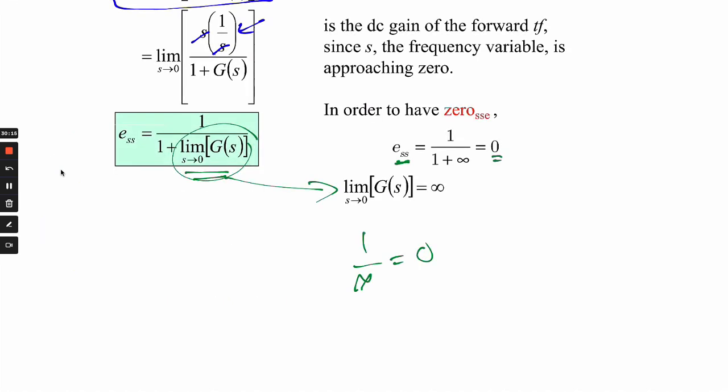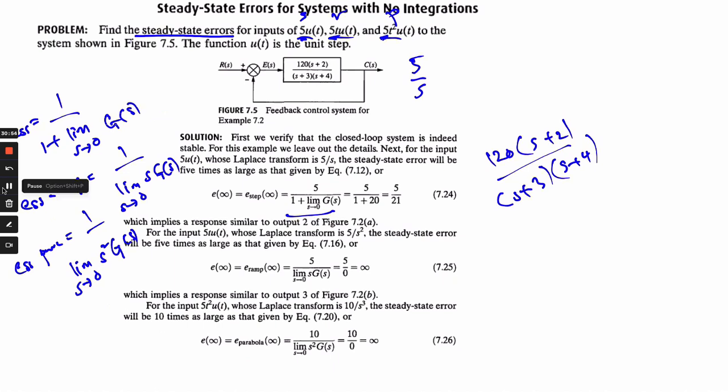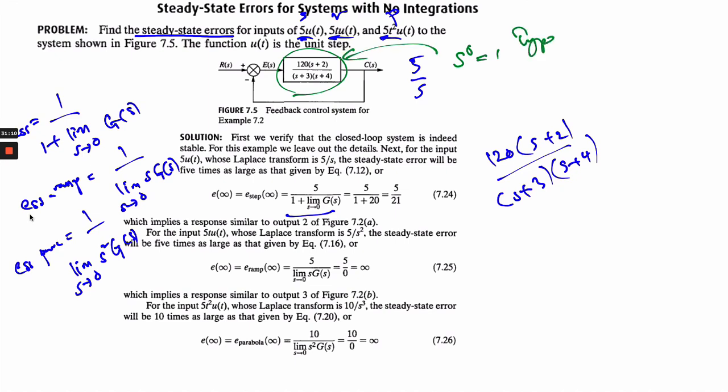What type is the system here? This is a type 0 system, because we don't have s at the origin, which is s to the power of 0, equal to 1. So that's why we have type 0.